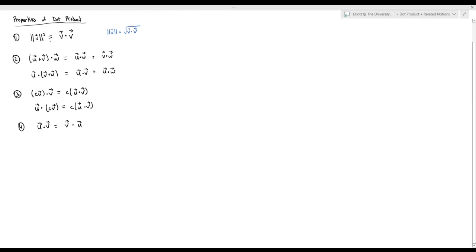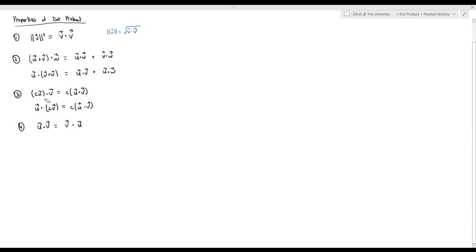The second property: the dot product distributes. So u plus v dot w is u dot w plus v dot w. Likewise here, you can distribute, so this is u dot v plus u dot w.